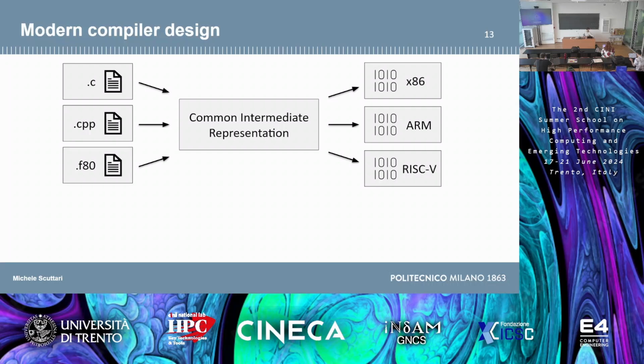Okay, we said that we have this picture where we want to move from several source languages to several potential targets, including domain-specific languages. Domain-specific languages are languages designed for a particular purpose and typically have specialized constructs that are not like the ones you find in C, C++ or Fortran.